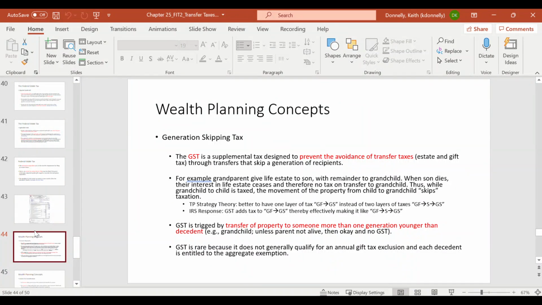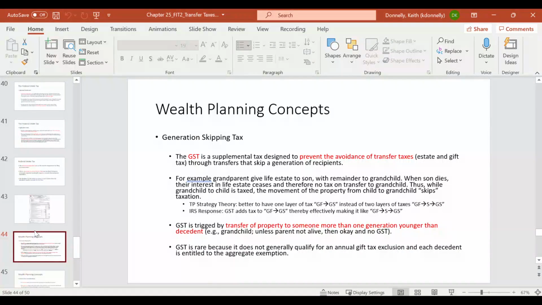So what we could do hypothetically, right? Let's say we have a son and we have a grandchild. We have two options here. Option one is we can give the 9 million, the taxable amount, to son, right? They're going to have to pay tax on it. But guess what? Then when son dies, he's going to have to pay estate tax too, and include that 9 million in there.